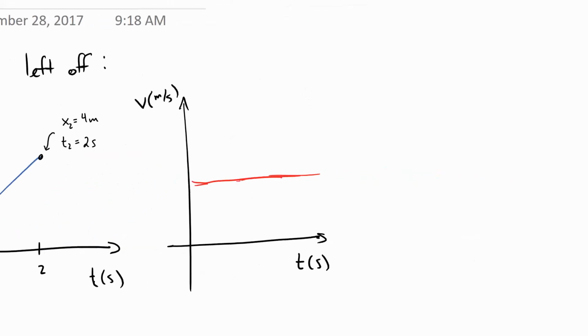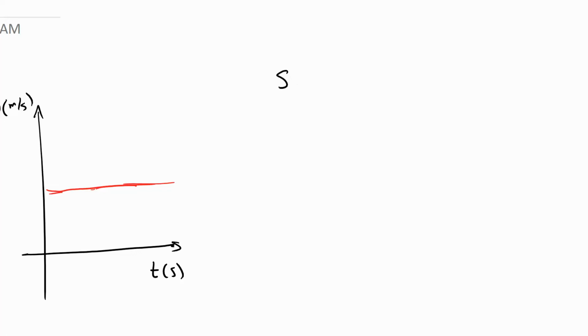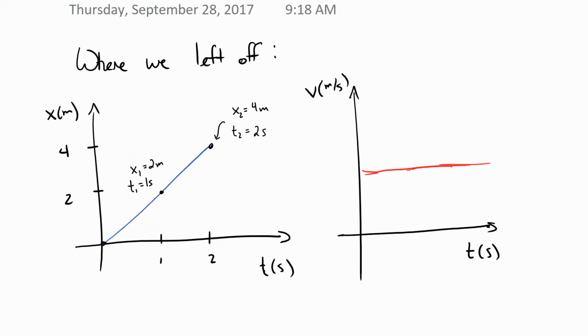Since this is a line, I can ask about the slope of it. Remember, slope looks like rise over run. Looking at this graph, my rise is going to be my change in x. My run is going to be my change in t.